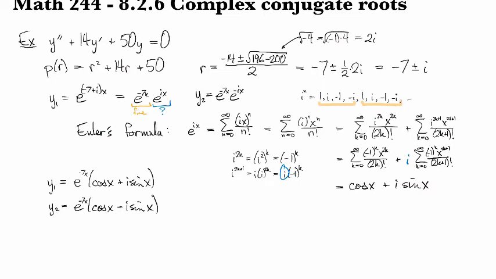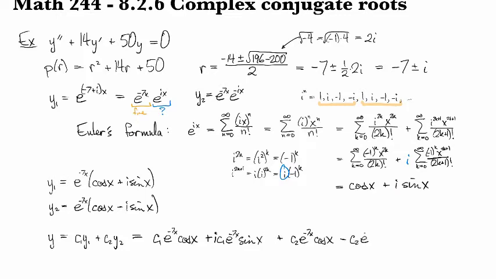And so our general function is supposed to be c1 y1 plus c2 y2. So that's c1 e^(-7x) cosine x, c1 e^(-7x) sine x. Oh, I forgot my i. And then from the y2 we have c2 e^(-7x) cosine x minus c2 e^(-7x) i sine x.